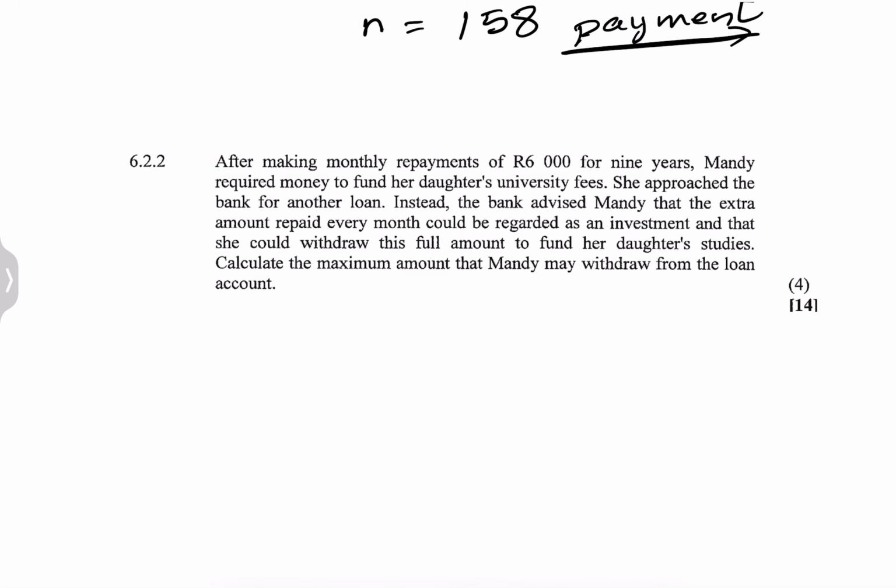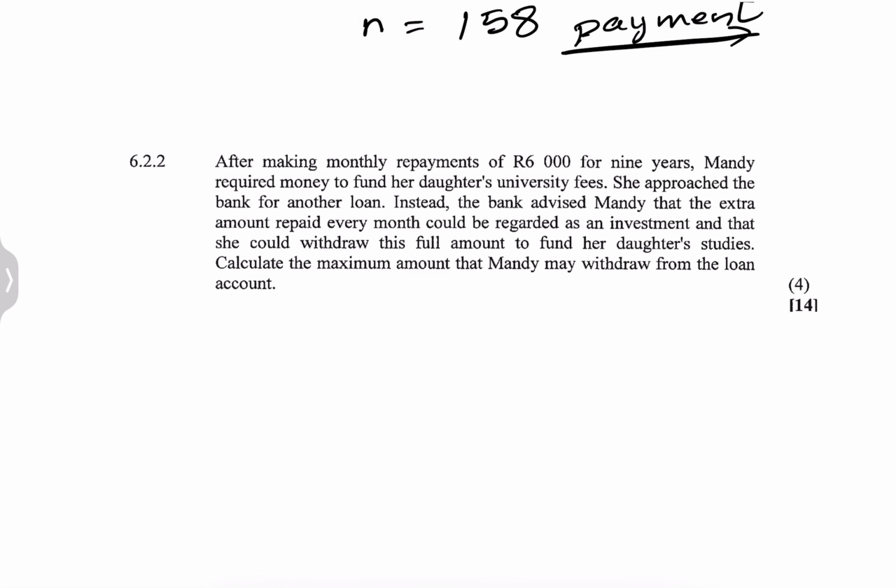She approached the bank for another loan, but instead the bank advised Mandy that the extra money repaid every month could be regarded as an investment, and that she could withdraw the full amount to fund her daughter's studies. Now, they say calculate the maximum amount that Mandy may withdraw from the loan. So what I'm going to do, there is an approach that you can take.